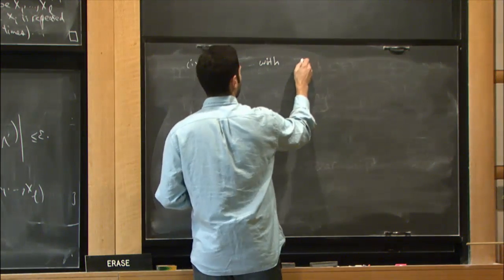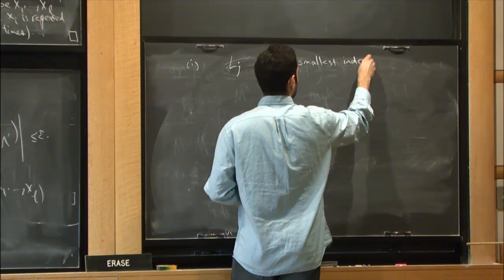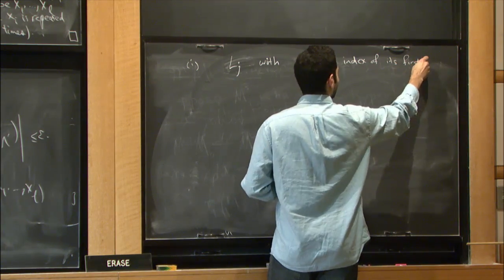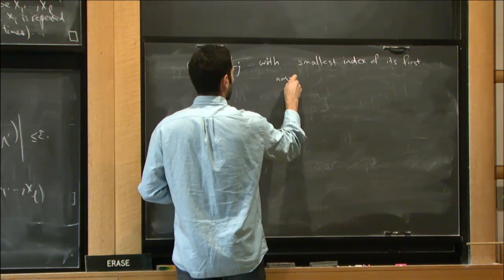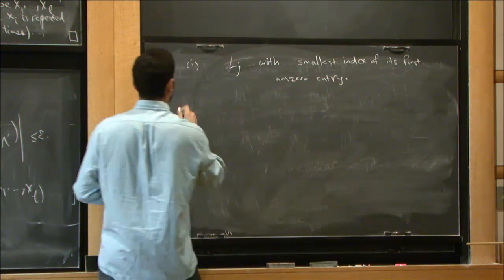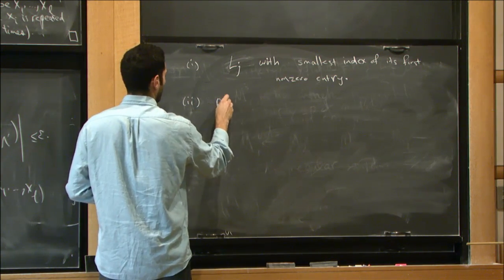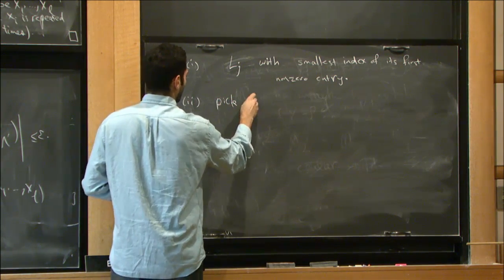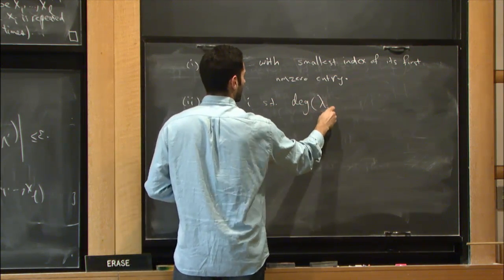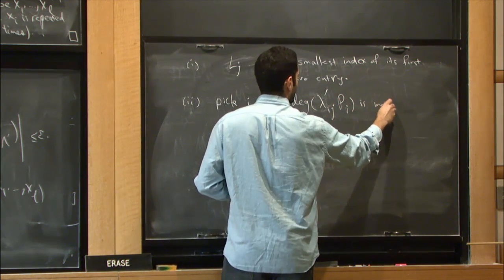So pick L_j with smallest index of its first non-zero entry. And then we pick i such that the degree of lambda_ij, lambda prime_ij, pi is maximized.